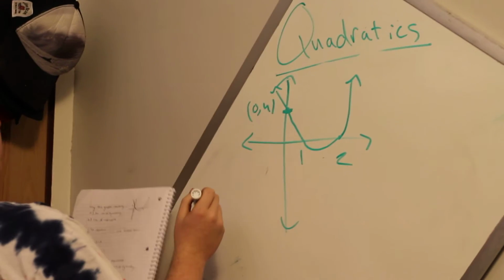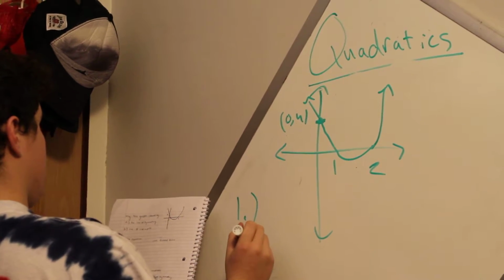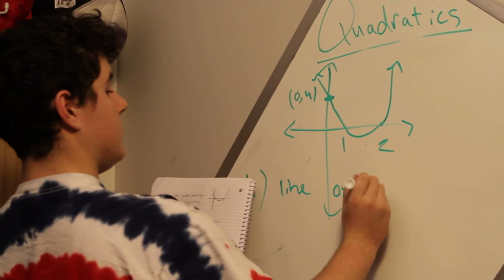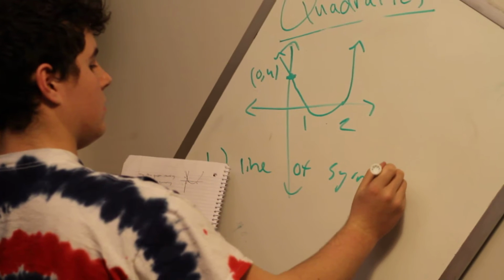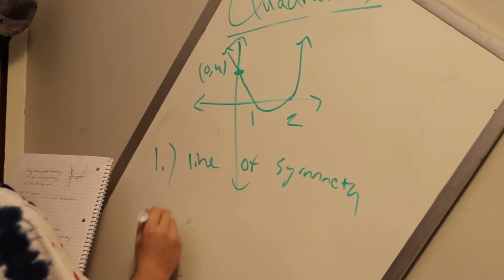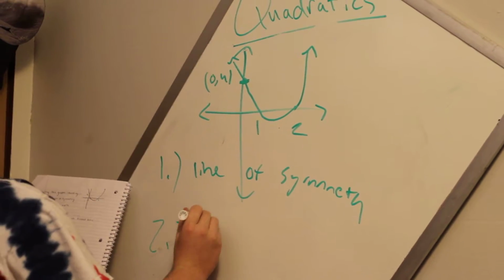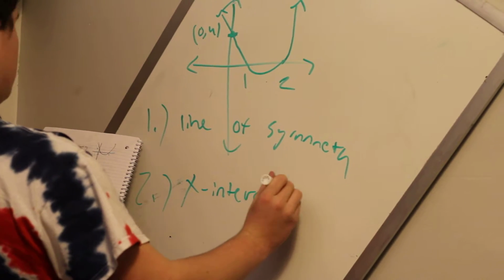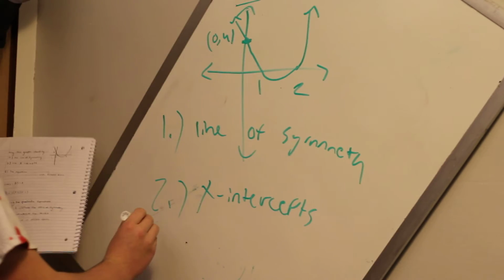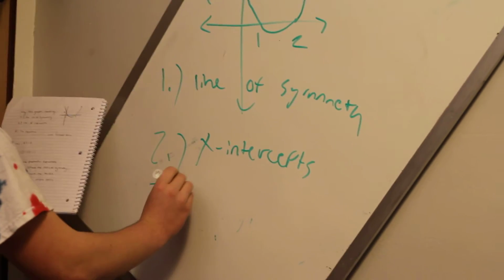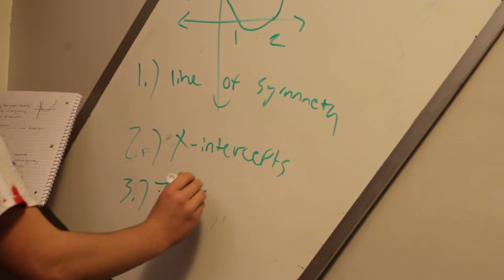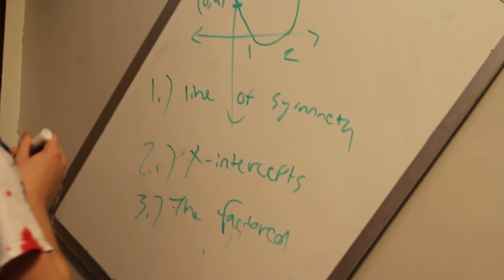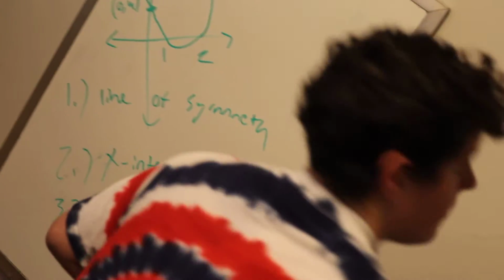I want you guys to, number 1, find the line of symmetry. Number 2, I want you to find the x-intercepts. And number 3, I want you to find the equation in factored form. Simple enough.